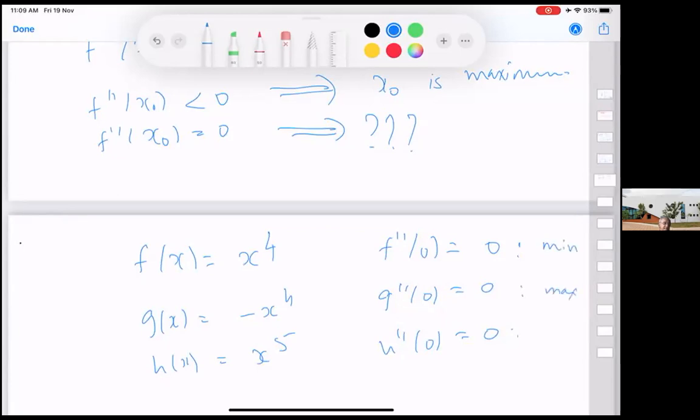And here it is neither. So f double dash of all these three functions at 0 is 0, but all three possibilities are there: minimum, maximum, or neither. There is no minimum or maximum at that point.